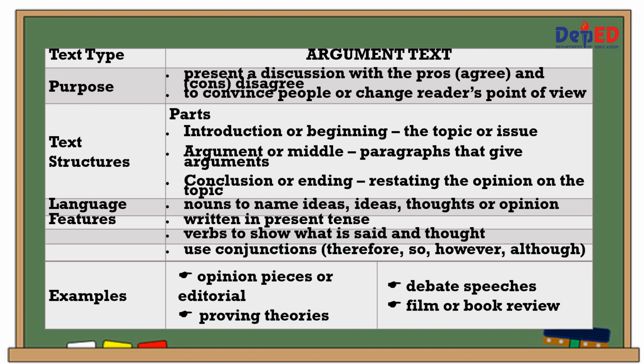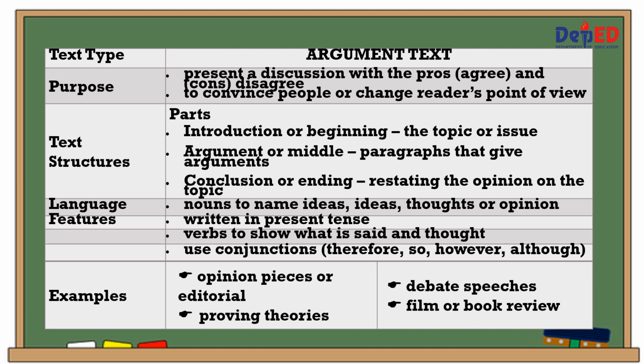Argument text. The purpose is to present a discussion with the pros (agree) and cons (disagree), to convince people or change readers' point of view. Text structures. The parts are introduction or beginning, that is the topic or issue; argument or middle, paragraphs that give arguments; conclusion or ending, restating the opinion on the topic.